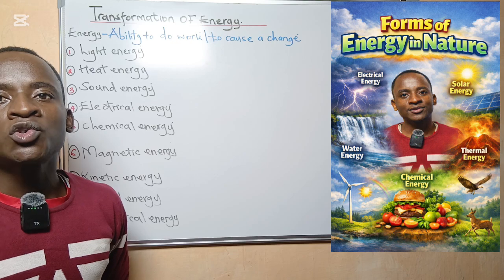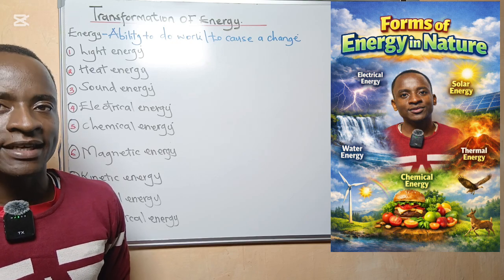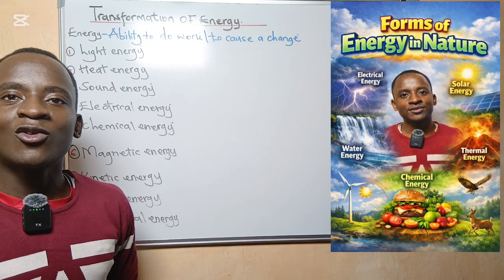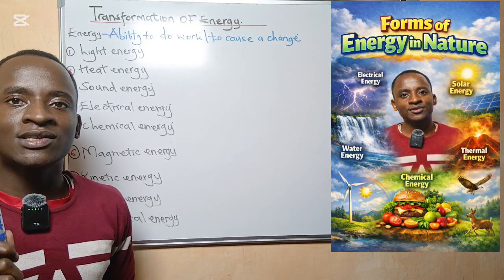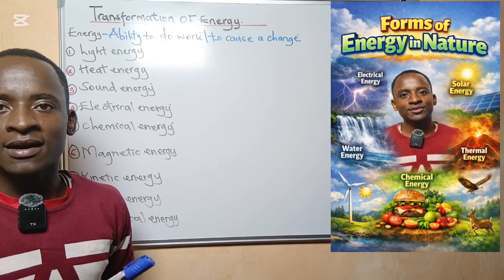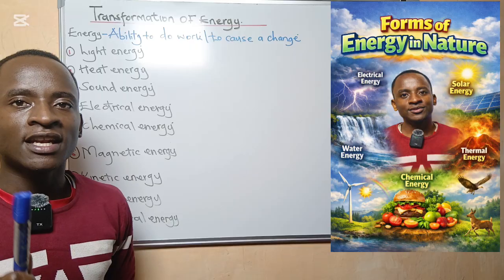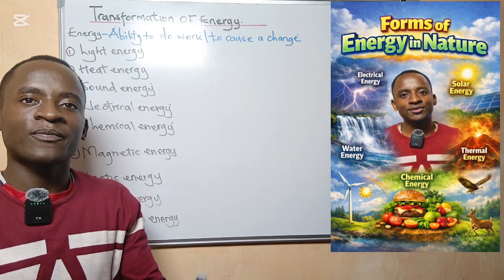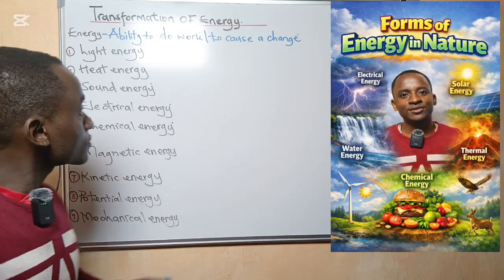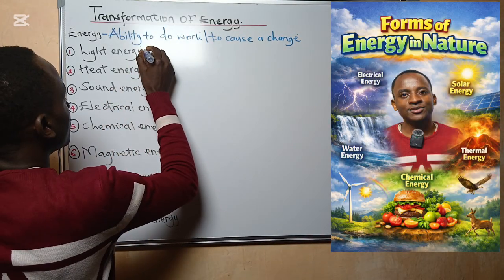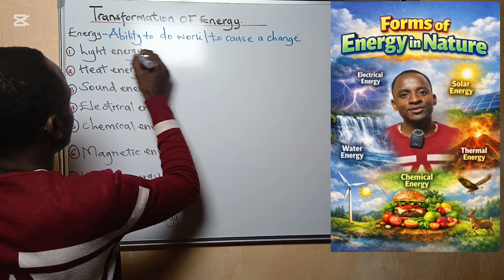Now, what do we mean by light energy? What is this kind of energy? What does it entail? Light energy is a form of energy that enables us to see things around us. Light energy is a form of energy that allows us to see things in our environment, right?